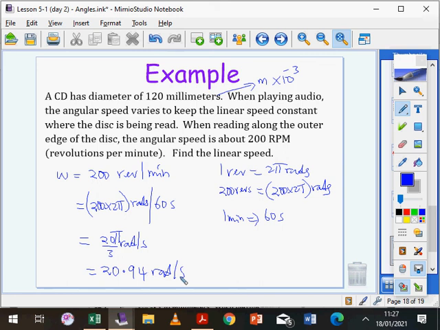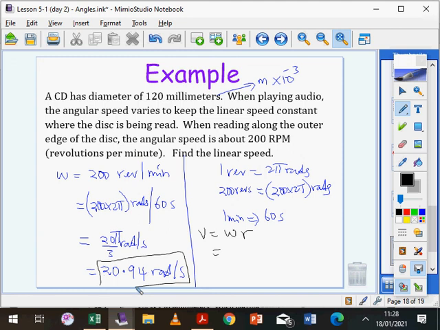I know that linear speed is given by v equals omega times r. I already have the omega right here. I just need to multiply it by the radius. The omega is in standard units, which is radians per second. So I just need to multiply it by the radius, which is 120 millimeters, but I need to convert that to standard units, which is meters.